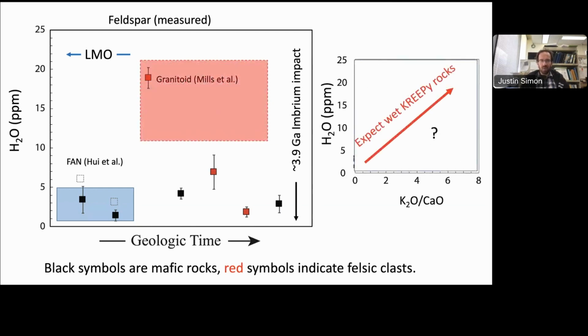Obviously, this is this crazy high wet rock that we discovered in 2017. And we expected maybe that we would see a positive correlation between the alkalis and the water, so that this rock may indicate that. But then when you look at these other 2 rocks, you wonder, oh, what's going on with those 2 lower rocks?